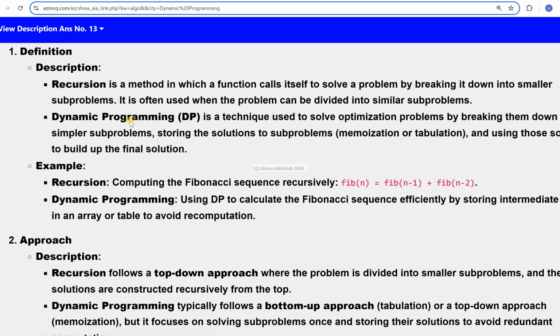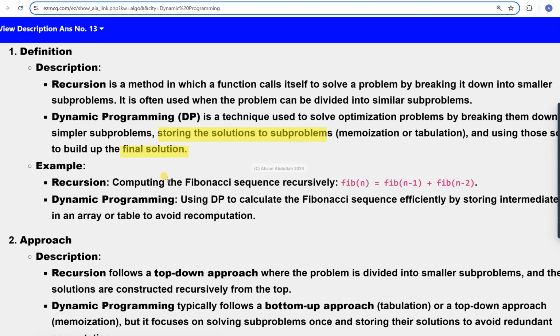So let's go into details. Recursion uses function calls to solve the problem by breaking it down into smaller subproblems, which is there in dynamic programming also. But there's one difference: in dynamic programming, the solutions to the subproblems are stored, and using those stored solutions builds the final solution.